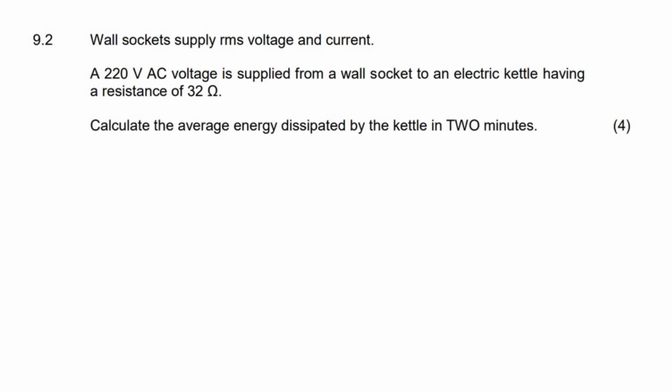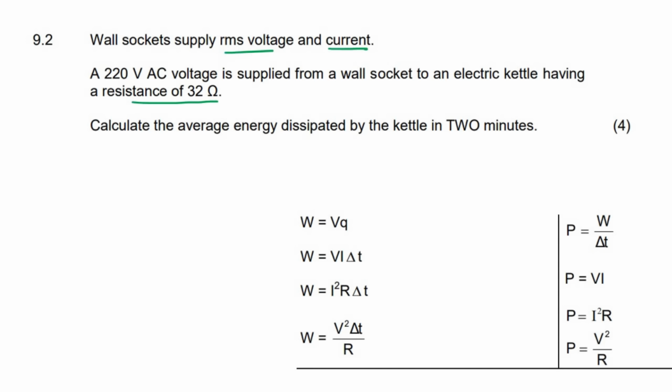Wall sockets supply RMS voltage and current. A 220 volt AC voltage is supplied from a wall socket to an electric kettle having a resistance of 32 ohms. Calculate the energy dissipated by the kettle in 2 minutes. On our formula sheets, these are the different formulas that we could use.